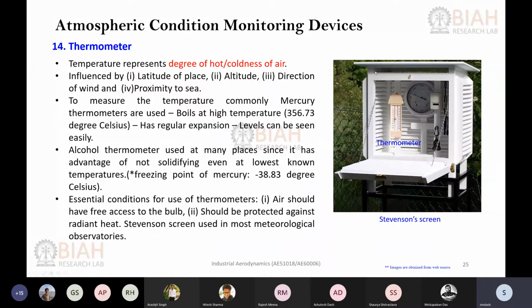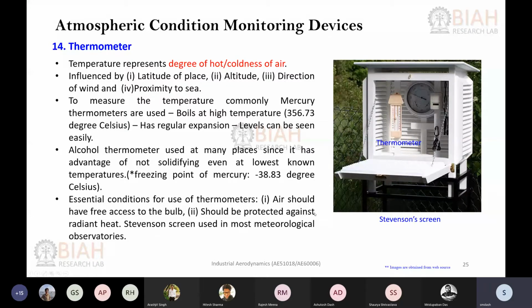Using this screen, the safety of the device is ensured and blockage can also be avoided. You can see that here you have placed the thermometer, and there are additional pressure gauges and other devices also. These are mostly used in the weather station to ensure the safety of the device in this box.